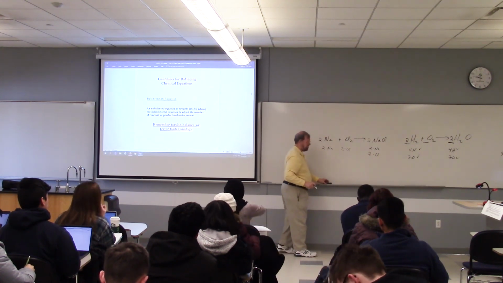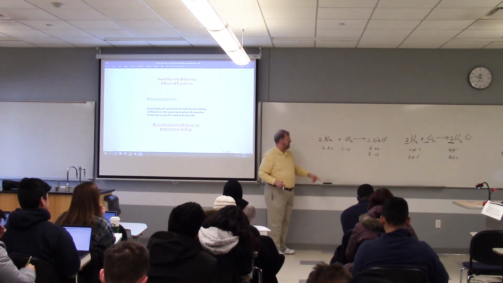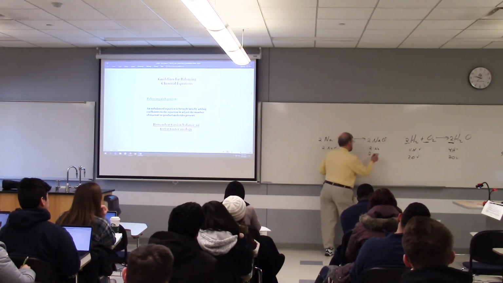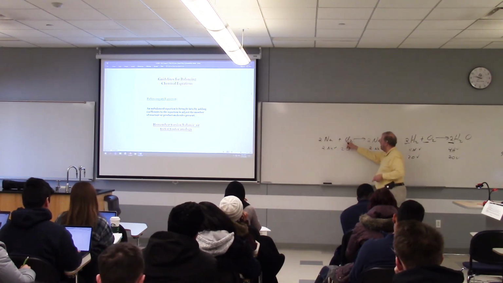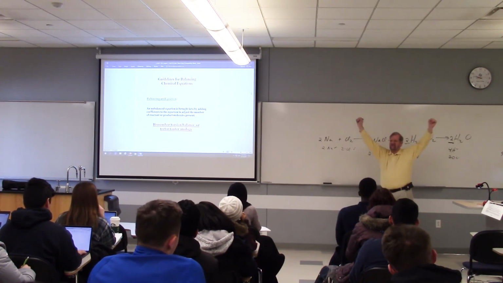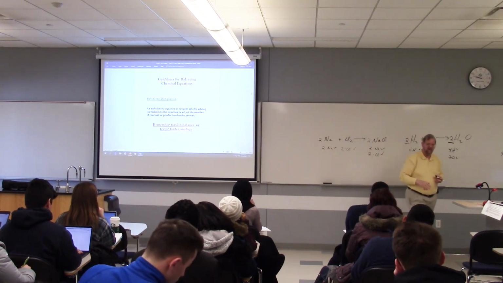And now, let's do a check. 2 sodium. 2 times 1, 2 sodium. 2 chlorine. Ooh, 2 chlorine. Success. And we have a balanced equation.